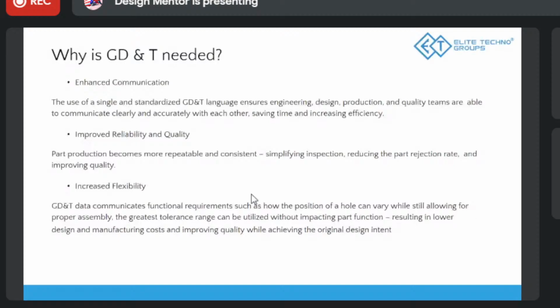So first of all is enhanced communication. In the normal drawings, engineers had these issues, where the parts won't fit with each other. So what they tried to do, they kept the drawing the same, and on the side they used to write a note for everything, like, okay, why is this exactly this size, and why is this tolerance given like this? So we had to write it like an essay.